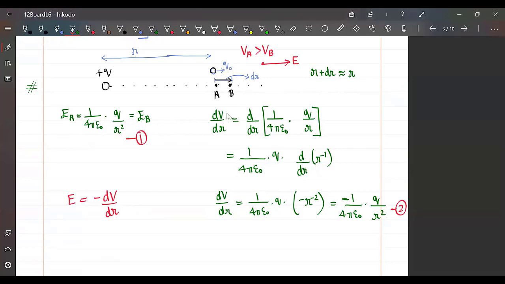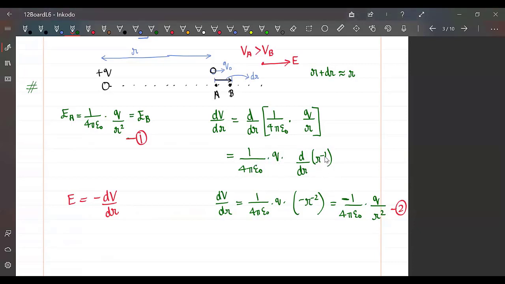If I write dV by dr, then I have to differentiate 1 by 4 pi epsilon naught q by r with respect to r. Potential is q by 4 pi epsilon naught r. I'm differentiating it with respect to r. This will give me r to the power minus 1, and q by 4 pi epsilon naught is constant, so it will come out.